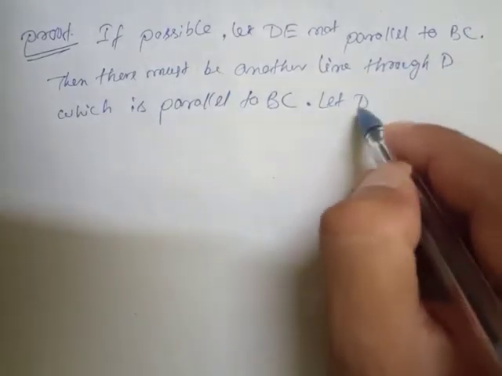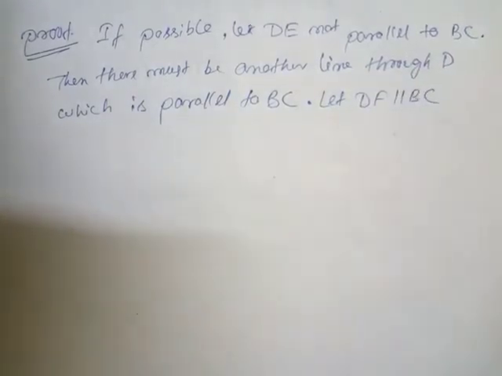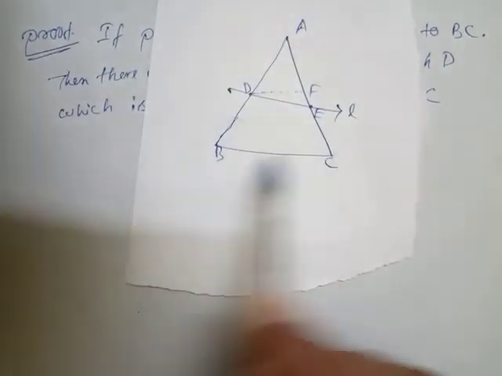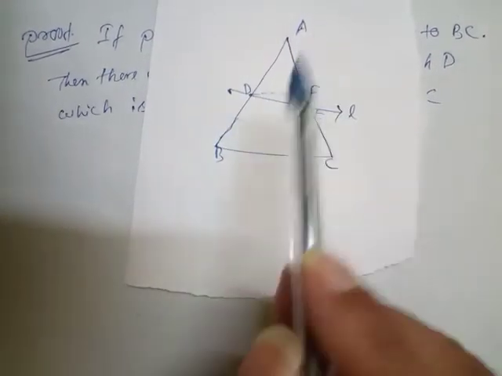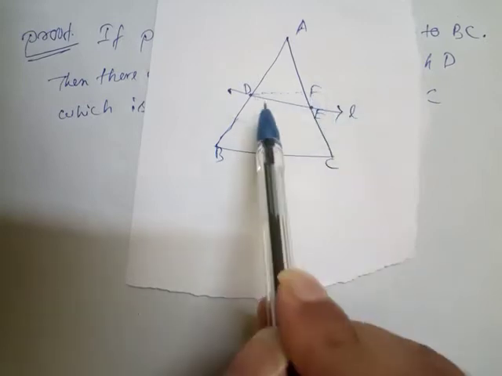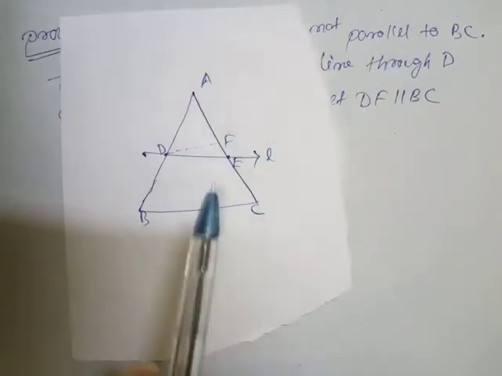Let DF be parallel to BC. Look, students, if DE is not parallel to BC, there must be one more line, which means DF, which is parallel to BC. So we have taken here DF parallel to BC. This is our initial point.